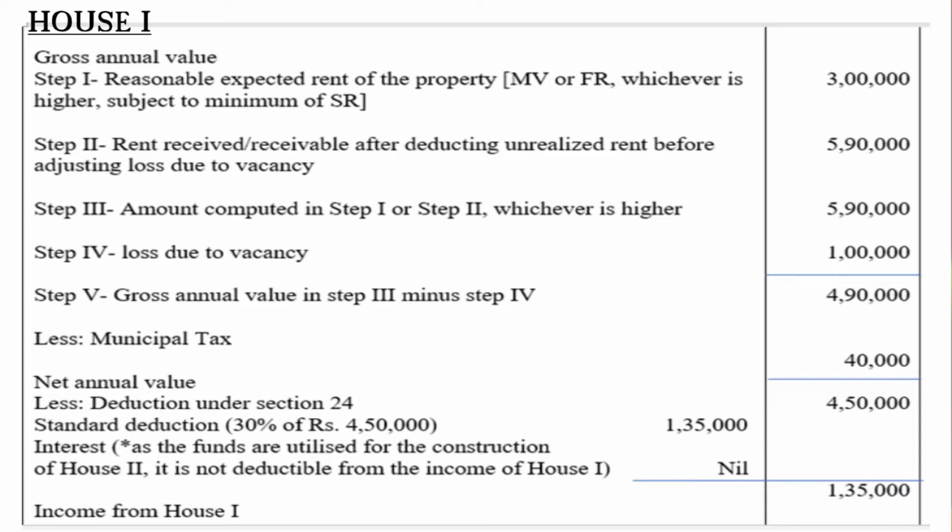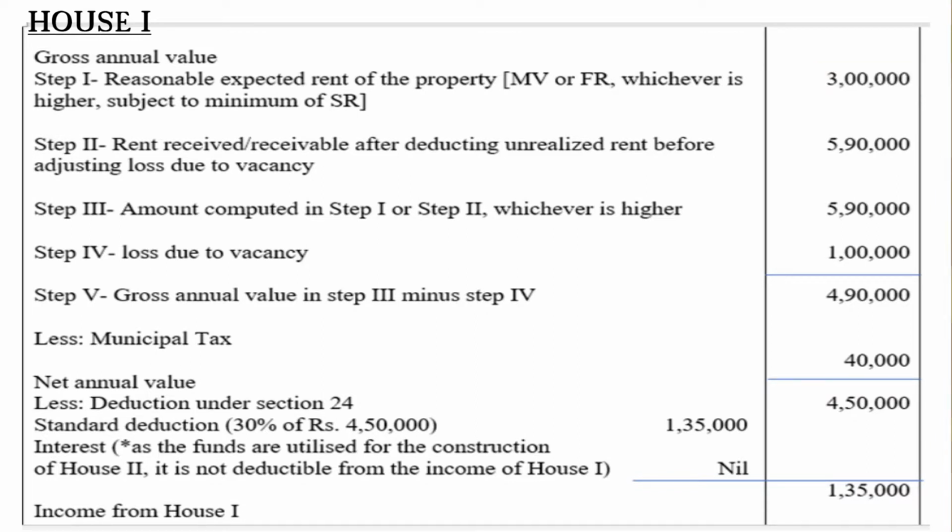But if standard rent is there, then it would be restricted to standard rent. Now in case of house 1, fair rent is 3,50,000, municipal value is 3,60,000, while standard rent is 3 lakh. So higher of fair rent and municipal valuation is 3,60,000, but as standard rent is 3 lakhs, the reasonable expected rent of property will be 3 lakhs.